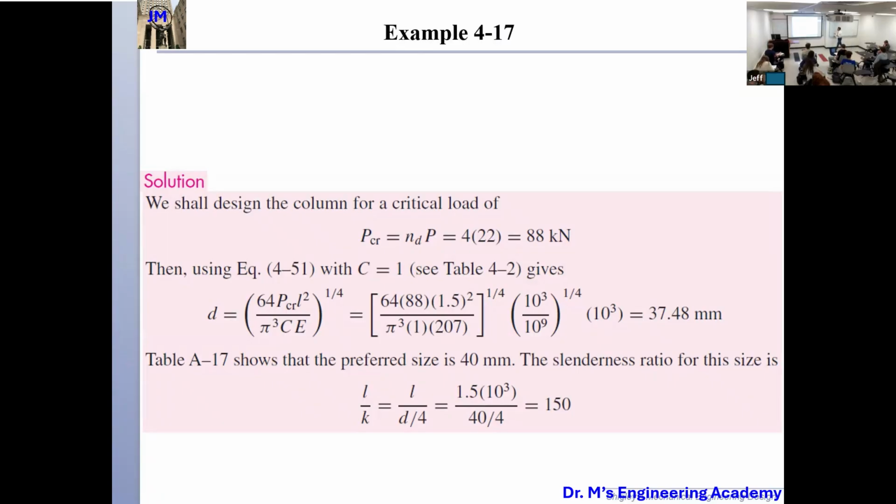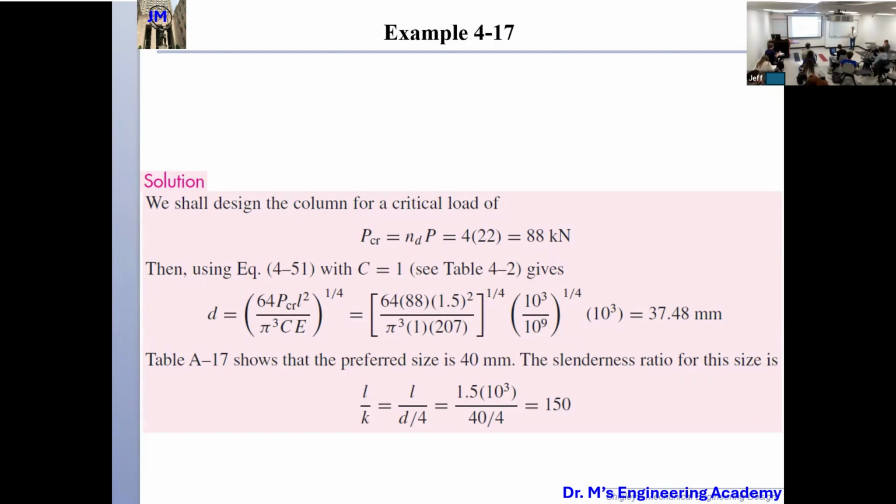And then this is 1.5 squared. This is P critical equals 88 kilonewton, and kilonewton is not a standard unit, so I need to change it to 88 multiplied by 10 power 3 Newton.